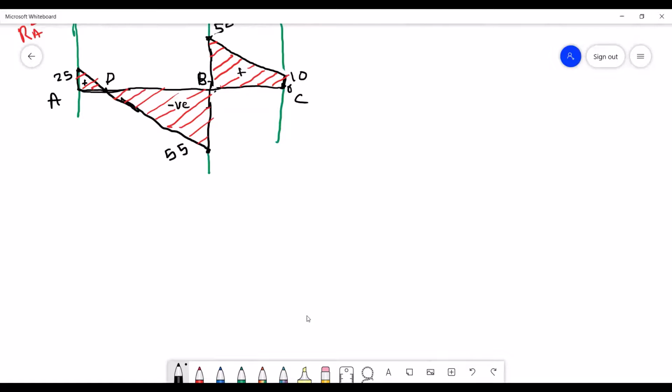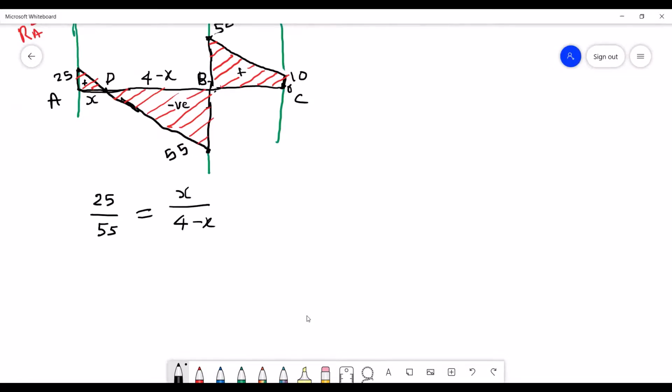It means this 25 upon 55 is equal to, suppose this is a distance of x, then this will be 4 minus x, because the total distance is 4. This height is 55 and this height is 25. So 25 divided by 55 will be equal to x divided by 4 minus x.